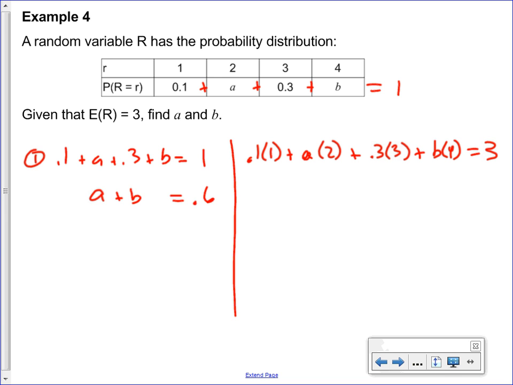You'd end up with 2A plus 4B equals 2. I would reduce that, so divide everything by 2: A plus 2B equals 1.